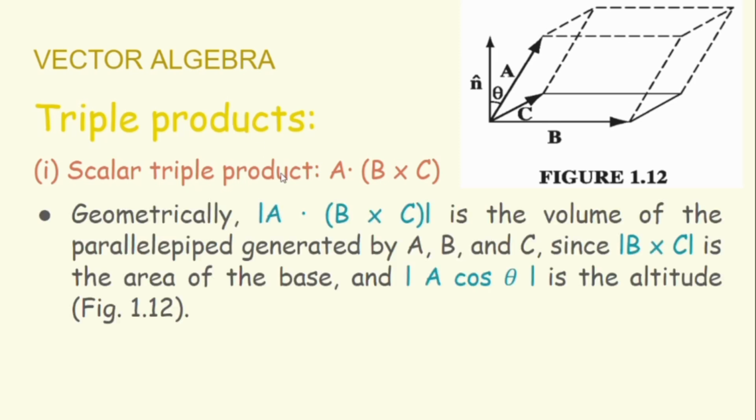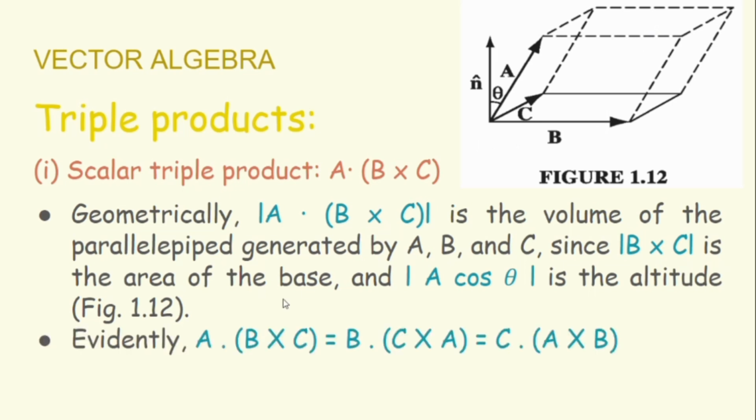So in the figure we can see that the product of B and C is taken, and this is the base of this parallelepiped, and we will take the dot product of this B cross C with the horizontal component of this vector A, that is A cos theta, and this is the n unit vector of B cross C, and A dot B cross C is the volume of this parallelepiped.